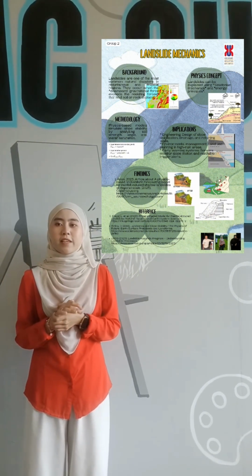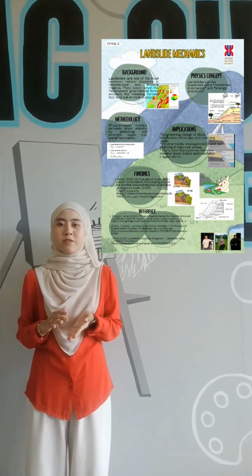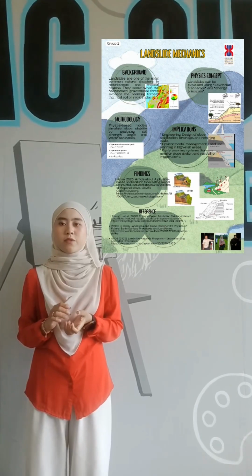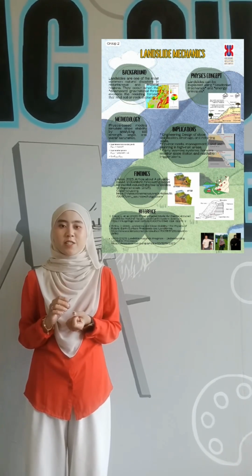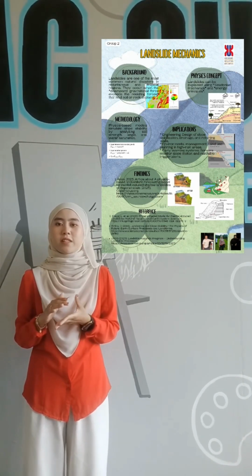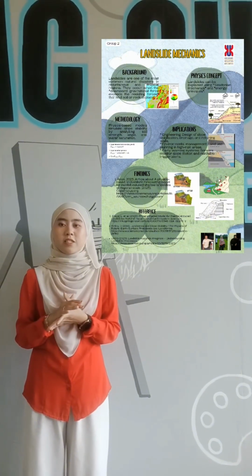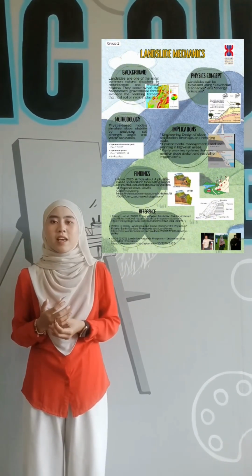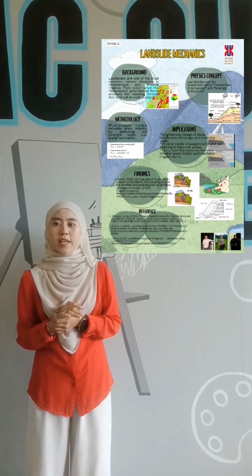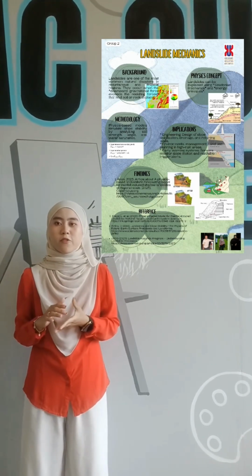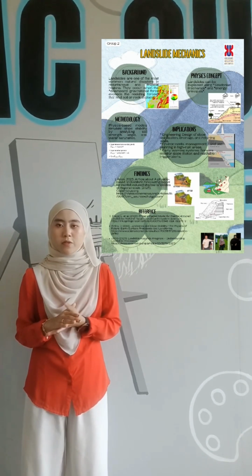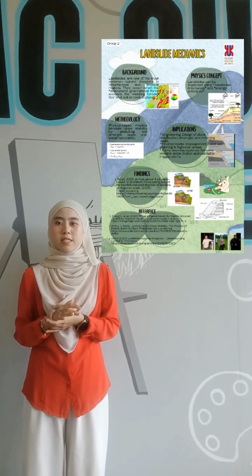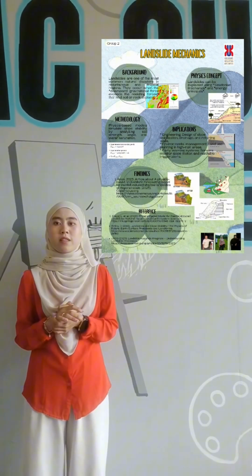Landslides may seem like a sudden event, but in reality, they happen due to a gradual weakening of the slope, involving clear physics principles such as forces, friction, and energy transfer. A landslide occurs when the downward gravitational force acting on soil or rock becomes stronger than the resisting forces that hold it in place.